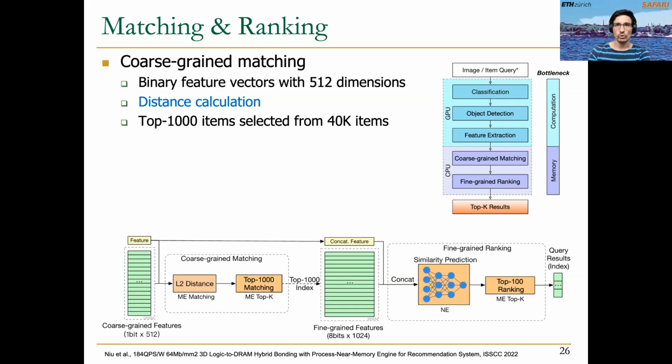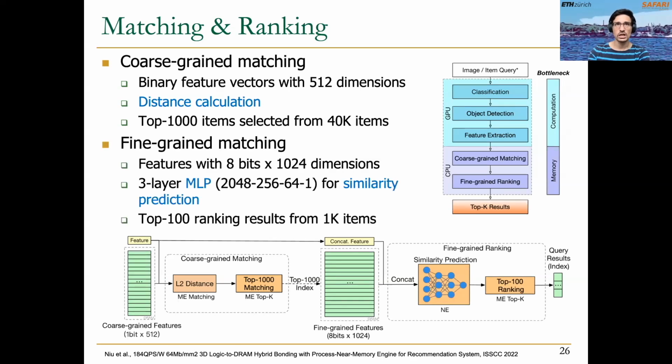And in this particular experiment from Alibaba, they are selecting these 1,000 candidates from 40,000 items. After we have done this first coarse grain matching, we go to the fine grain ranking, or fine grain matching, where the features in this case are 8 bits, and they have 1024 dimensions. As you can see, these features are fed to the multi-layer perceptron of 3 layers for the similarity prediction. And after that, we reduce the number of candidates from 1,000 to 100, which are also ranked.